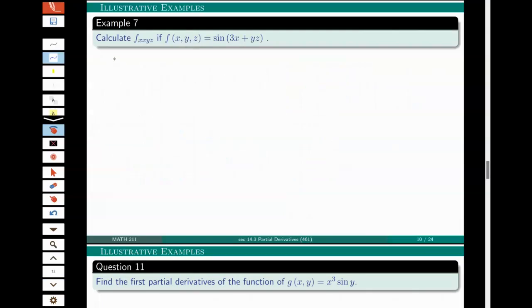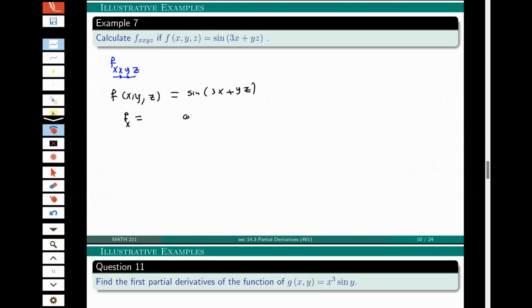Now here I want f sub xxyz, which means I should differentiate with respect to x first, then another x, then y, then z. So if I have f of x, y, z equal to sine of 3x plus yz, that will be f sub x first, which is equal to what?